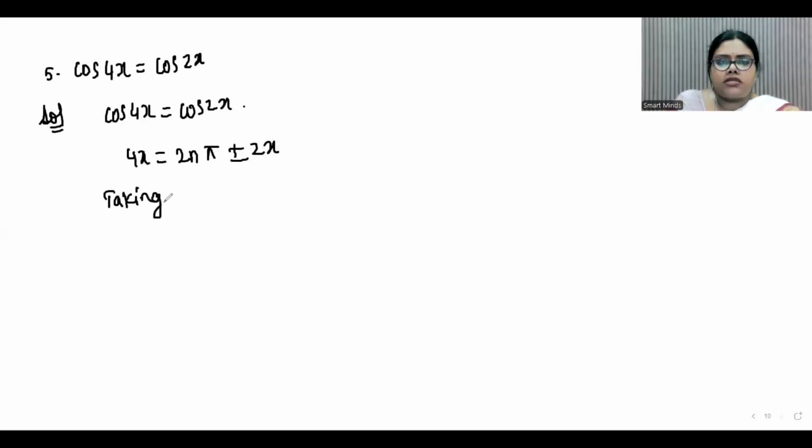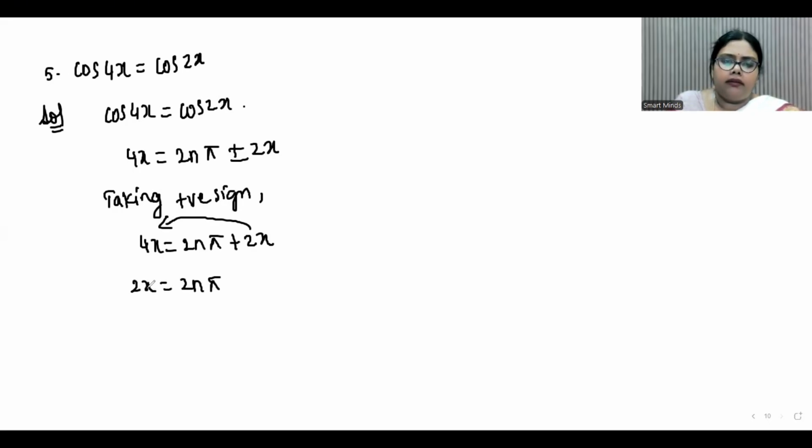Now taking the positive sign, what do we get? We get 4x equals 2n pi plus 2x. If you take 2x this side, 2x is equal to 2n pi. 2 cancels. x is equal to n pi, where n belongs to Z.